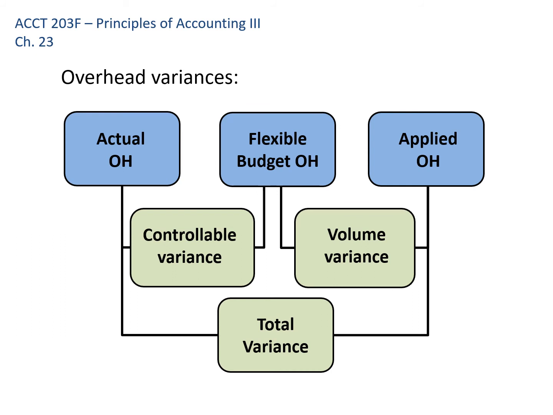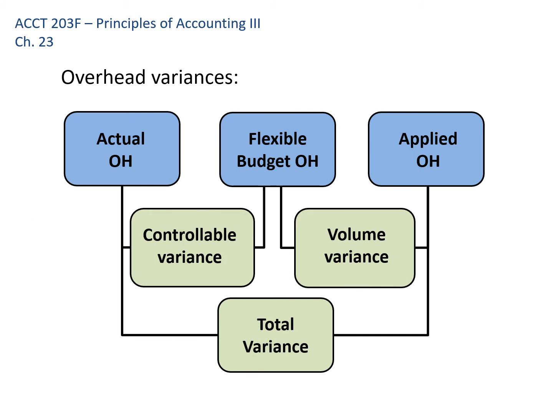In total, we have the total variance. We did this back in chapter 2 or 3 when we talked about applying overhead, with under or over applied overhead. That's the total variance. We're just taking that under or over applied variance and breaking it into its two types so we can judge somebody's effectiveness based on that.